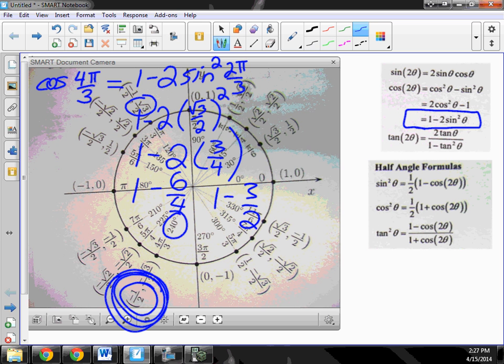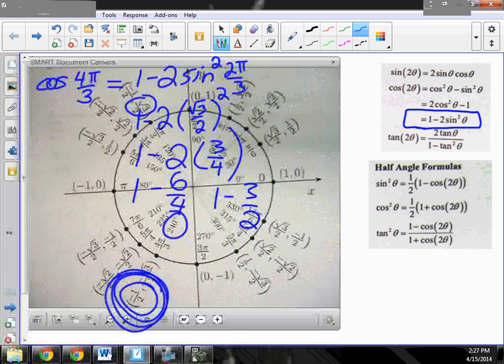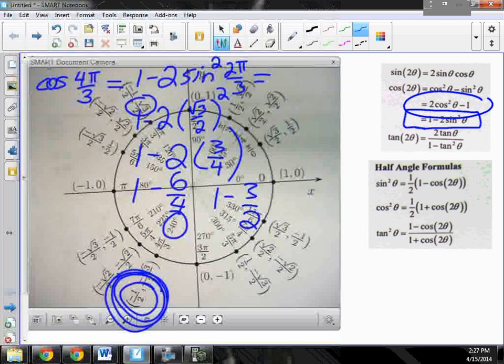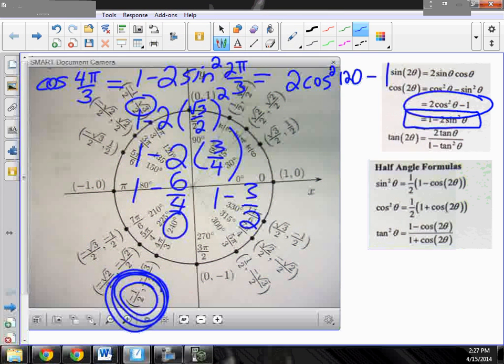So when you pick your cosine problem, you might want to look at which angle would be easier to deal with. If I did this same thing using a cosine, so if I use this problem here, 2 cosine squared of 120 minus 1. The cosine of 120 is negative 1/2. We don't have to deal with radicals.